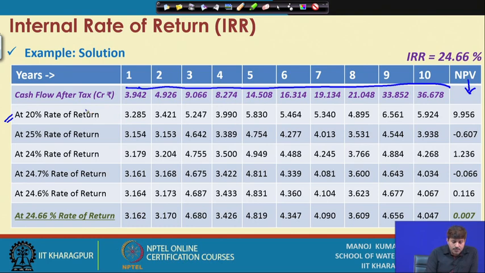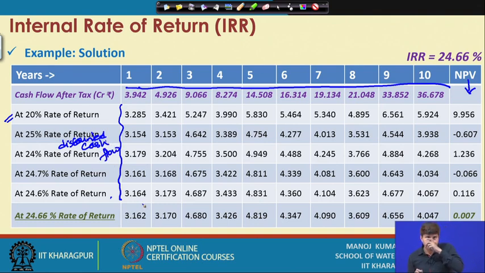What you are seeing here at 20% rate of return, all these values are actually the discounted cash flow.